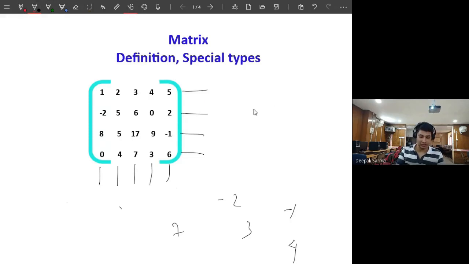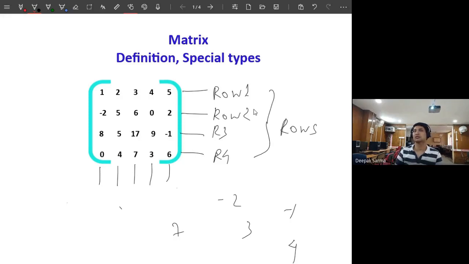These are our horizontal lines. We call them rows. This one is row 1, this one is row 2, here row 3, and here row 4. Similarly, all these are columns. So in this particular matrix, we have 4 rows and 5 columns.